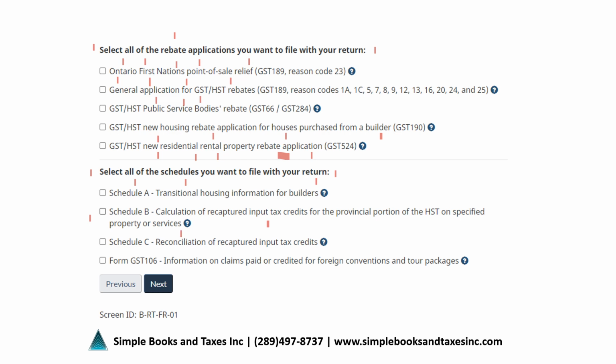Schedule C, reconciliation of recaptured input tax credits. And Form GST 106, information on claims paid or credited for foreign conventions and tour packages. None of this applies to our case, so we are going to leave it blank and press Next.